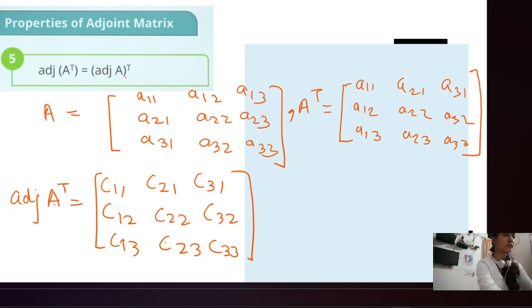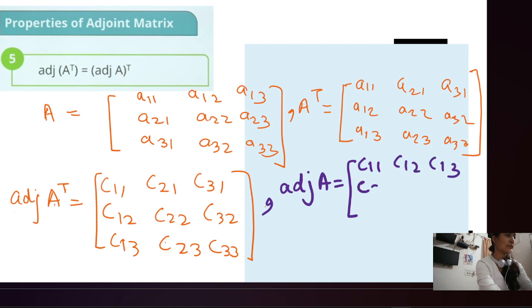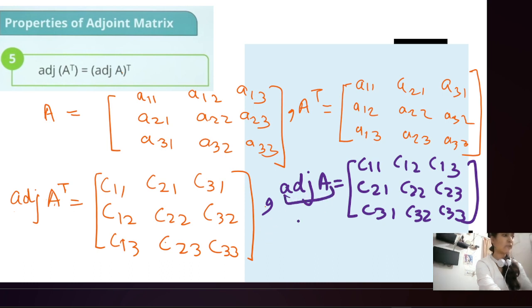Now we have to find the transpose of the adjoint of A directly. So first we can find the adjoint of A matrix. Okay, adjoint of A matrix will be C11, C12, C13, C21, C22, C23, C31, C32, C33. Okay. Now when we find the transpose of this matrix, adjoint of A, we will get the same matrix.